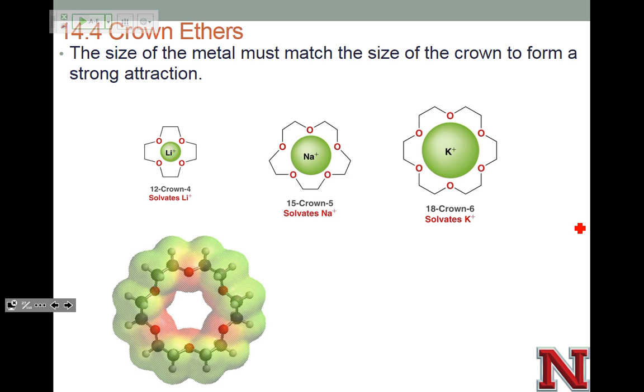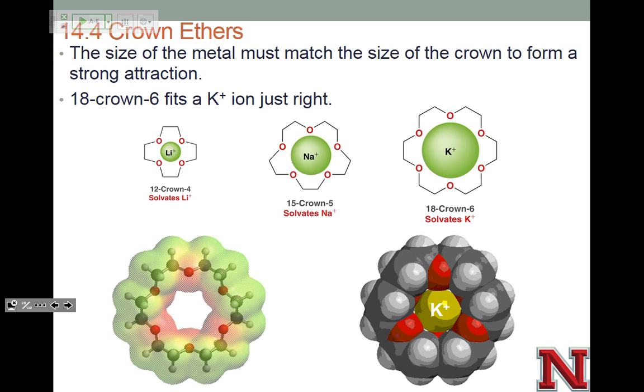We don't usually go anything bigger than potassium, but we've also seen sodium and potassium the most. Lithium is also in that first row of the periodic table, so it's often a counterion as well. So depending on which counterion we have, that depends on which ether we will use. So know which ether solvates which metal.